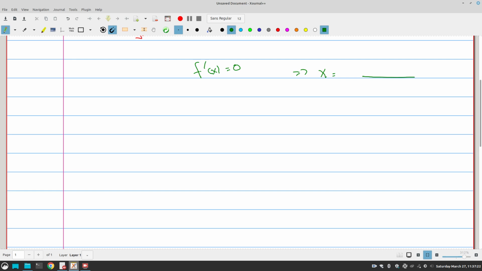Right, so what we're going to do is something similar in terms of multivariable functions. Now we will start with functions of two variables.